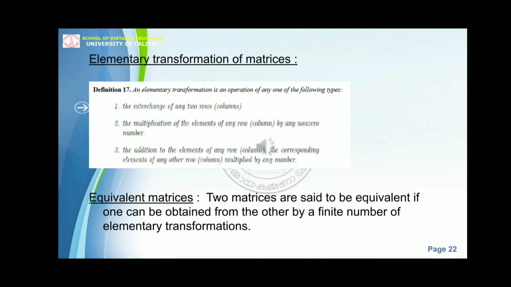Third, the addition to the elements of any row or column, the corresponding elements of any other row or column multiplied by any other number. Next, equivalent matrices. We say two matrices are equivalent if one can be obtained from another by a finite number of elementary transformations.